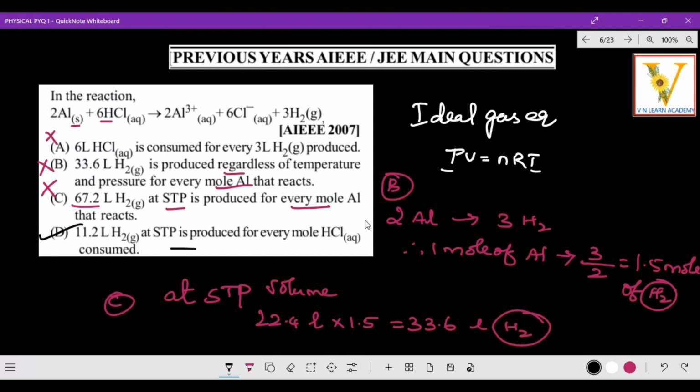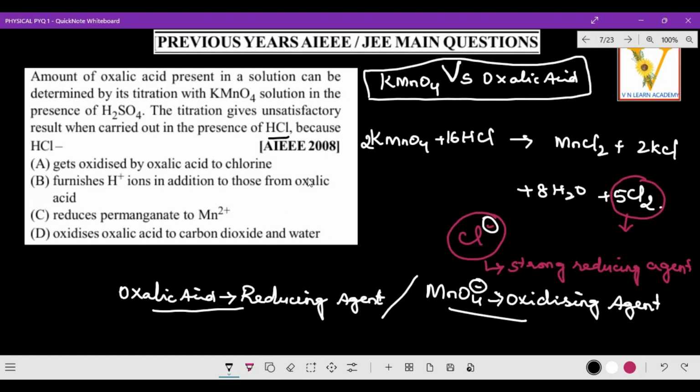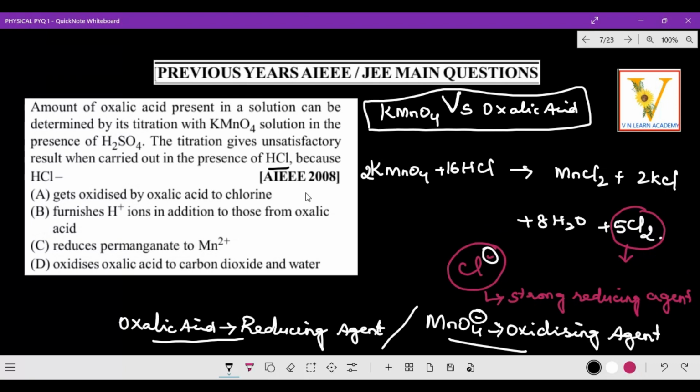Okay, let's go to the next question. The next question is very simple. It is an evergreen question. Whenever you go to the laboratory, for the titration method, the viva question will be on this point only. See here, the amount of oxalic acid present in a solution can be determined by its titration with KMnO4 solution in the presence of H2SO4.